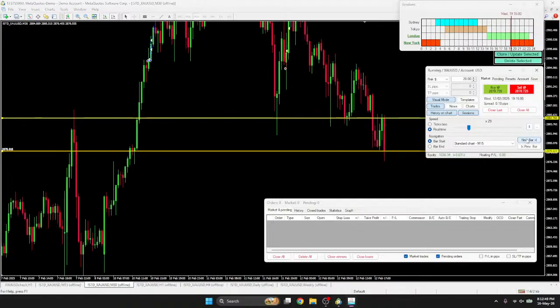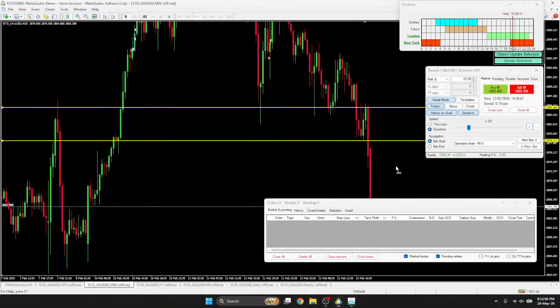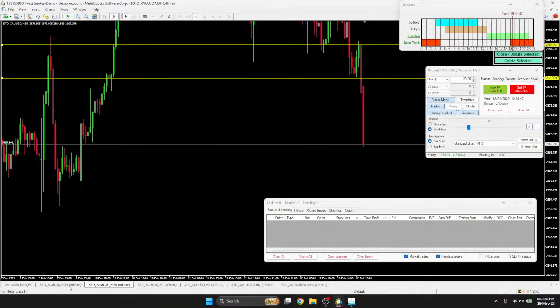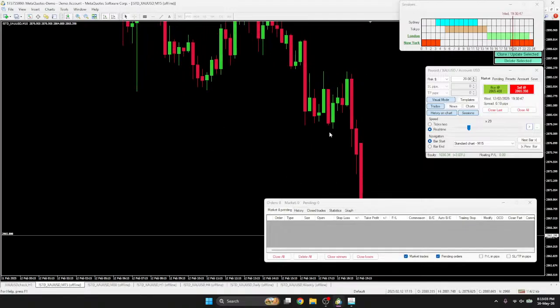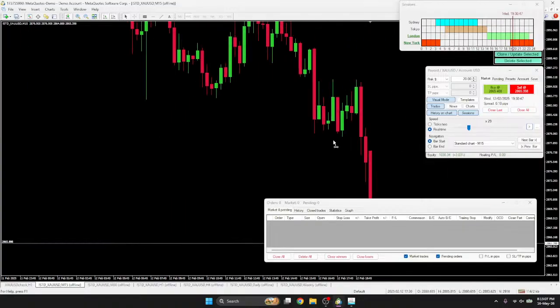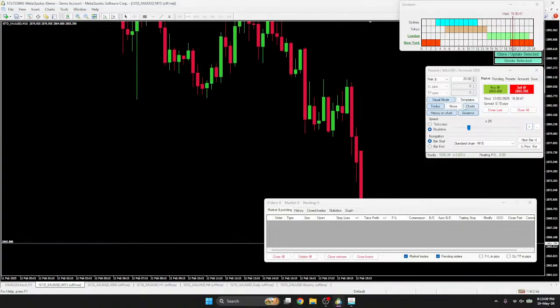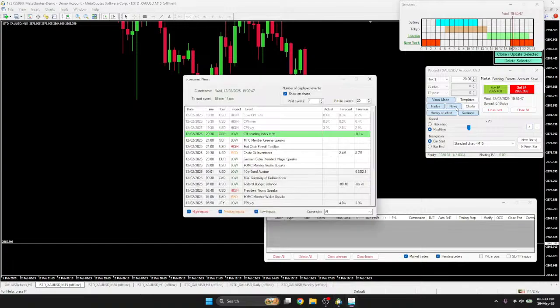Let the 15 minute, wow, how the 15 minute candle just closed. Okay, wow, this was maybe a news, and that's why market just pushed down like this. Very nice. Right, this was a high news.